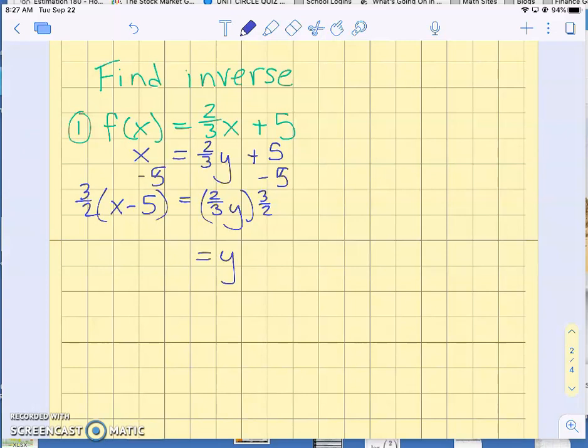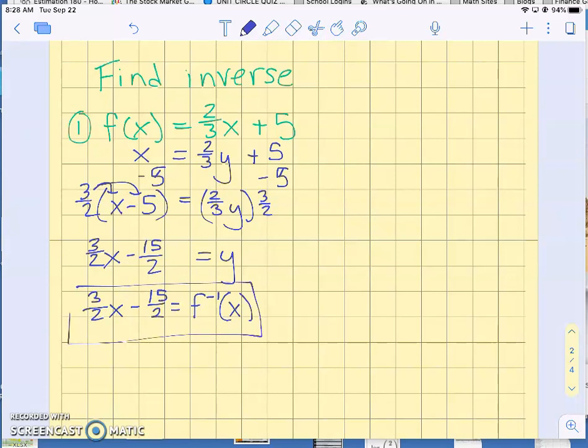And then if we distribute, we have 3/2 x. And if we multiply it in, minus 15/2. And a lot of times, your last step is to write it with the inverse notation. So you'll see it with that inverse notation. So again, a lot of this is algebra.